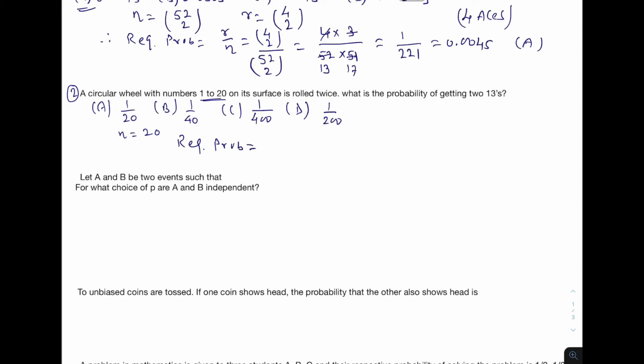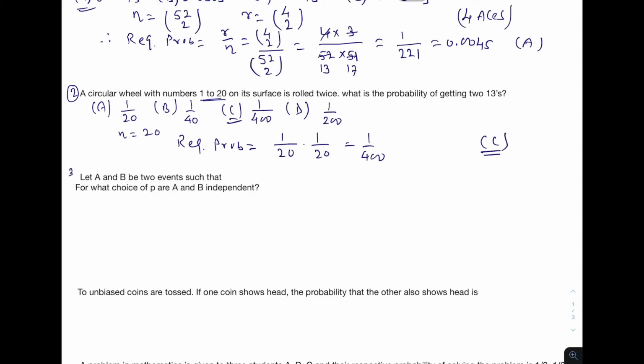When you roll one time, the probability of getting 13 is 1 by 20. Now again the circular wheel is rolled, then again the probability of getting 13 is 1 by 20. So answer is 1 over 400. Okay, so this is the C option.